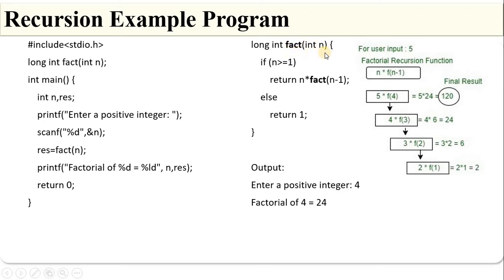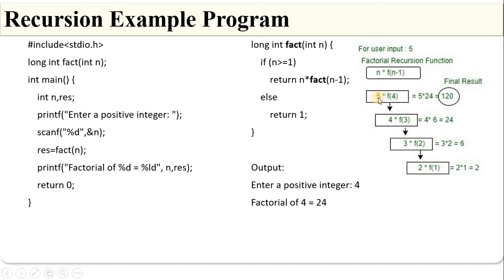In this factorial function, if the user enters 5, it will be fact of 5, and n will be 5. Then, if n is greater than or equal to 1, since 5 is greater than or equal to 1, it will return 5 star fact of 5 minus 1, that is 4.